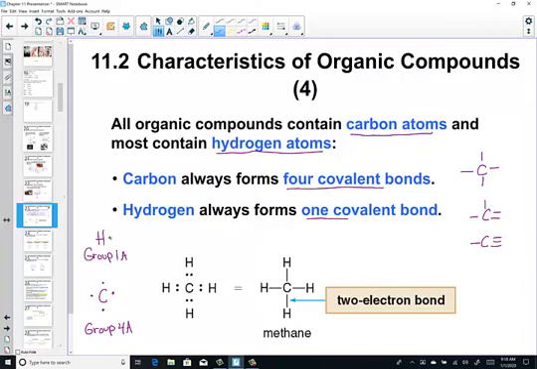Group 1A tells me it has 1 valence electron. It has room for just 1 open spot for bonding. So carbon, always 4 bonds, hydrogen, always 1 bond. And when we designate these bonds, a shared pair of electrons gets replaced by a line to represent the shared pair. So this represents what we know as a single covalent bond.